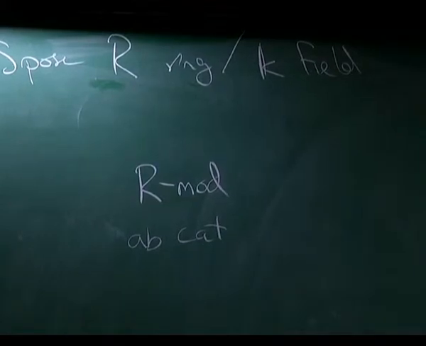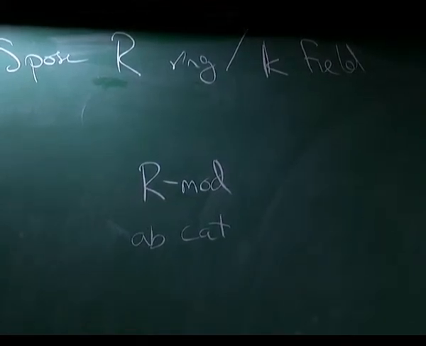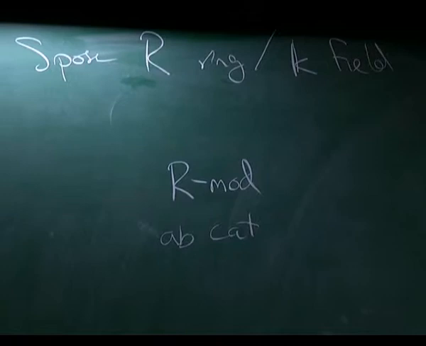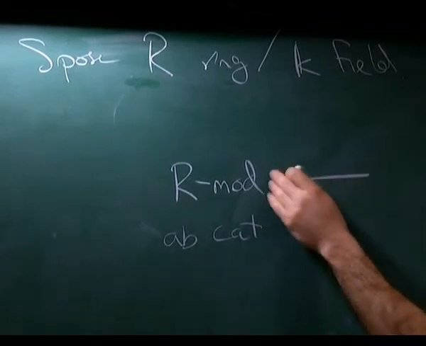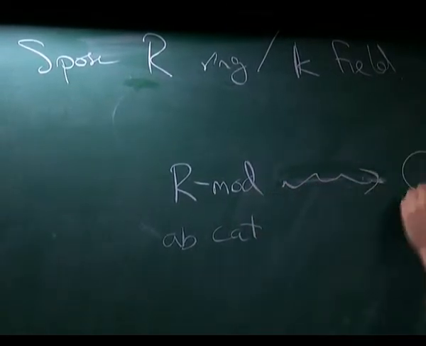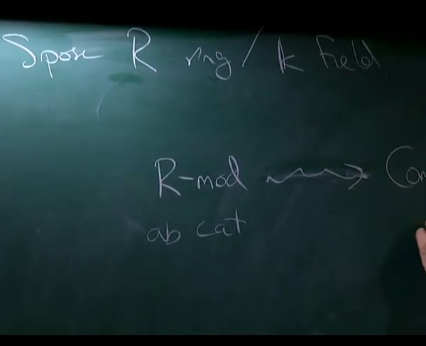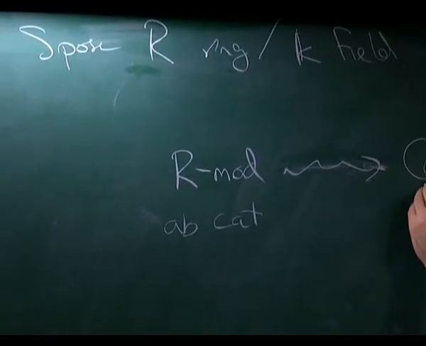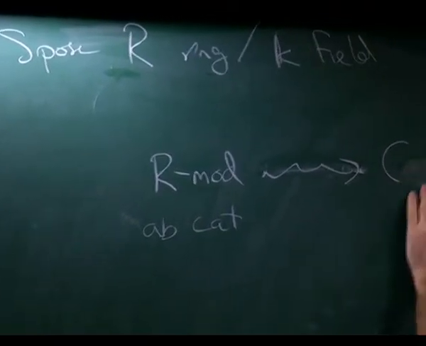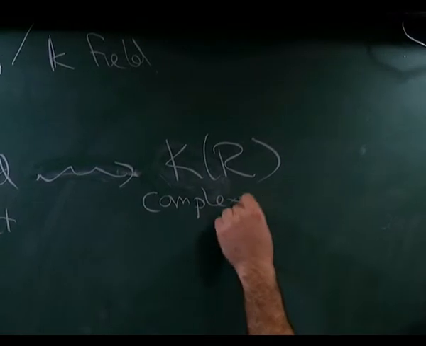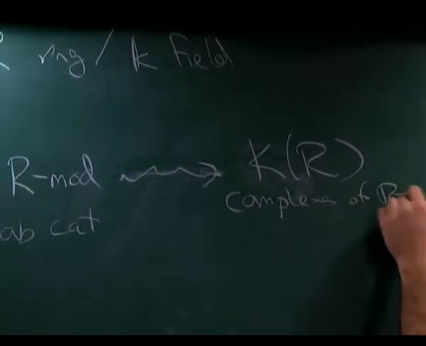Wow, that is loud. And the first thing that we would do when we're interested in dealing with homological algebra is we look at complexes of R-modules. I'm going to call this category K of R. Sorry, K of R. So complexes of R-modules.